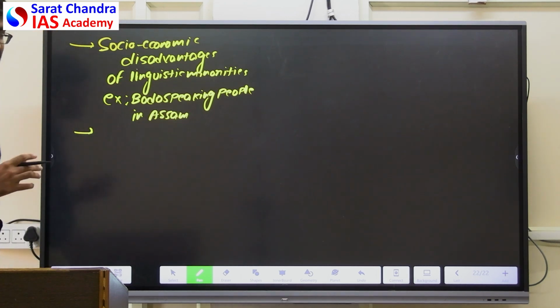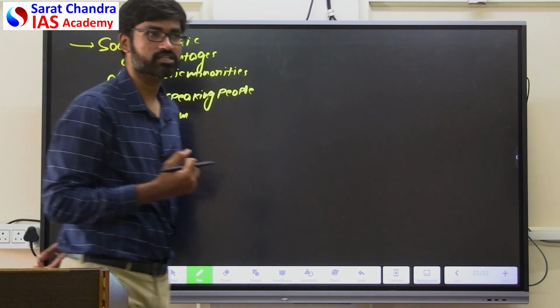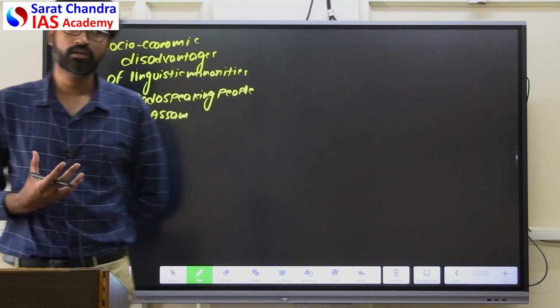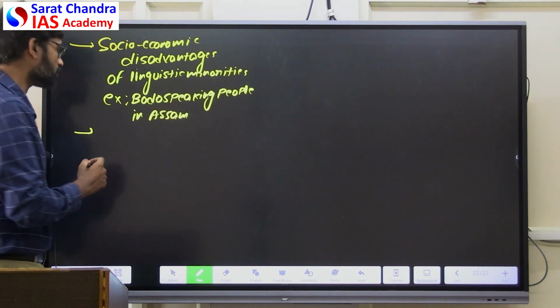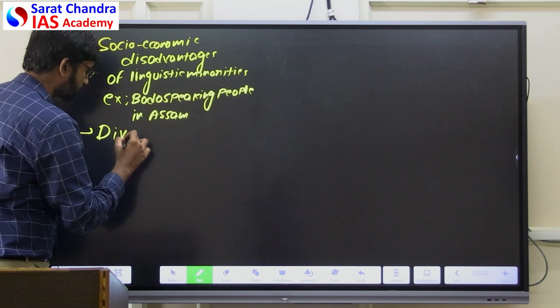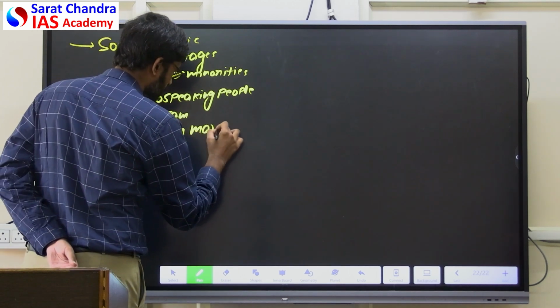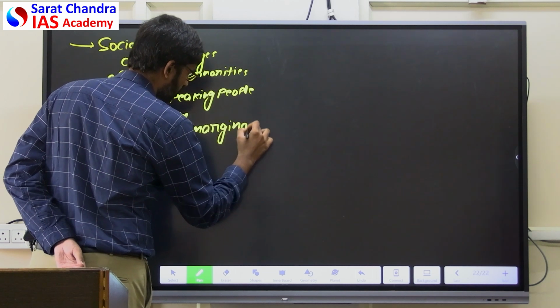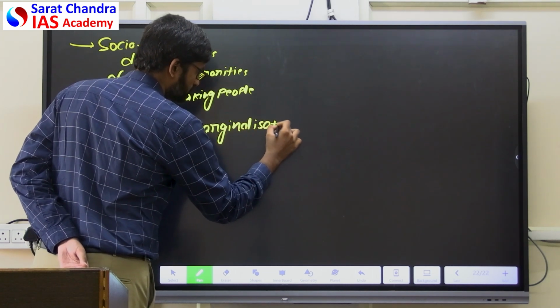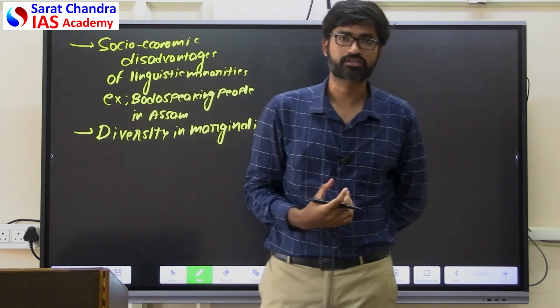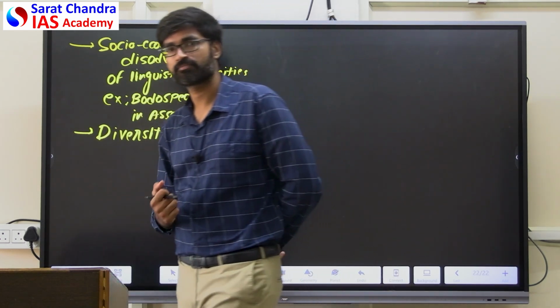Then we can also say there is diversity in the marginalization as well. People have diverse cultures, so there is diversity in marginalization. Some people are more marginalized, some people are less marginalized.